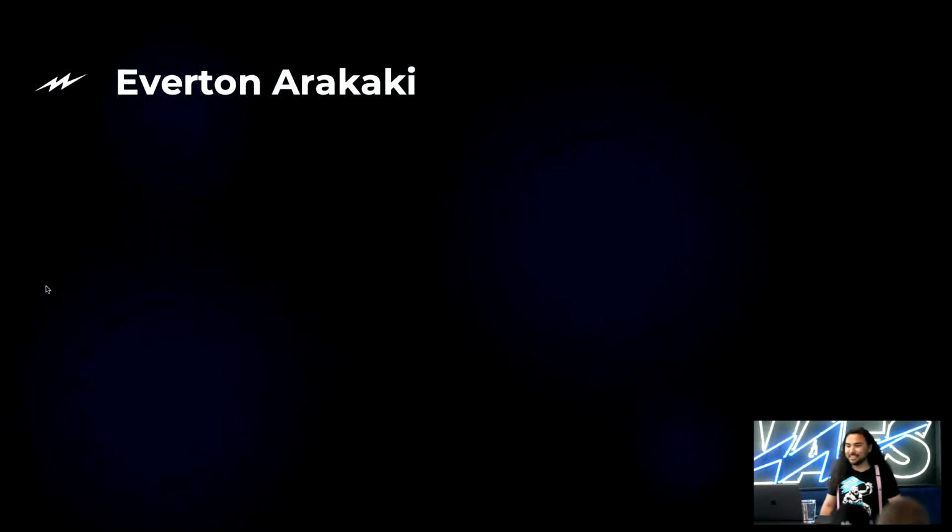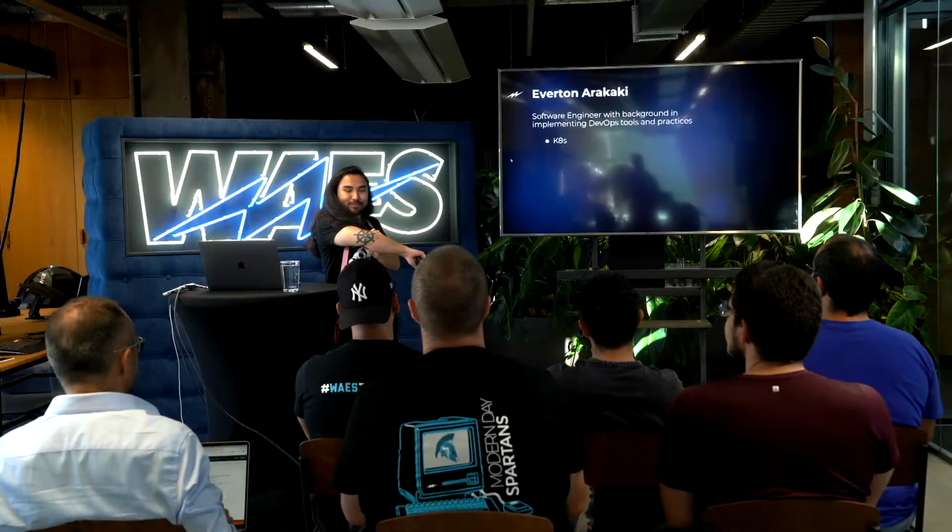So my name is Everton. I think my name was around here already. I'm a software engineer with experience implementing DevOps tools and practices. I have this passion for Kubernetes, as you can see on my shoulder. I have the Kubernetes tattoo, and I have managed Kubernetes clusters on GCP, AWS, and Azure.